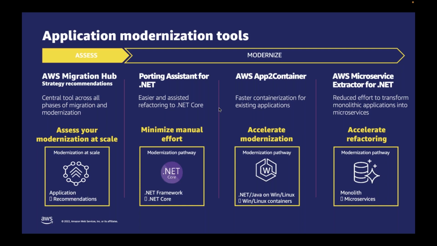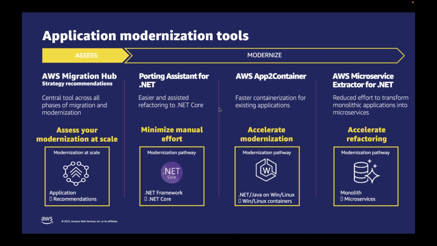And so that's where AWS App2Container comes in, where you can take an existing application running on a Windows or even a Java or even a Linux server and containerize it directly without making any modification to the underlying code or the architecture of the application. The containerization process gives you additional resiliency and portability for that application.